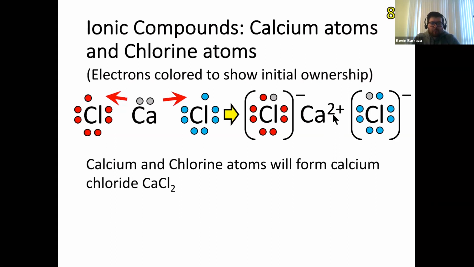And in fact, if we do the elemental analysis, meaning we take this ionic compound and return it back to its elements, we would have twice as many moles of chlorine atoms than calcium atoms. And so this is how we would predict the exact ratio of the elements that are needed to create these ionic compounds.